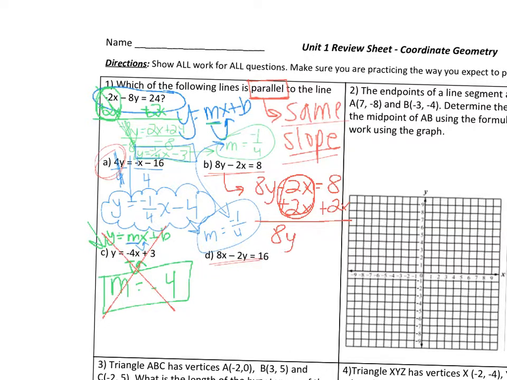And we're left with 8y equals 8 plus 2x. And then when we divide by 8, the coefficient of y on both sides, we are left with y equals 1/4 x plus 1.